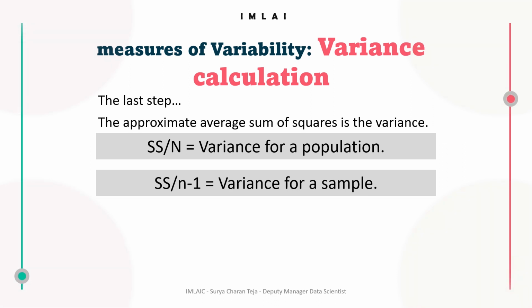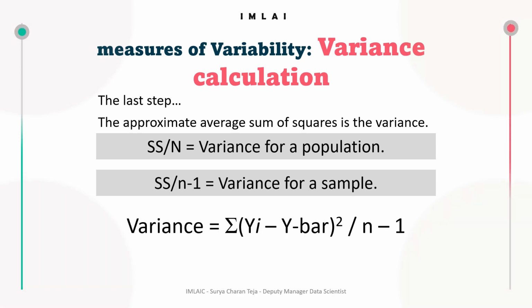Capital N represents the number of records of the population, whereas small n represents the number of records of the sample. So the formula is variance equals sigma of yi minus y bar whole square divided by n minus 1. This is for the sample.